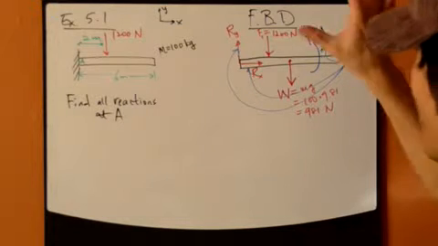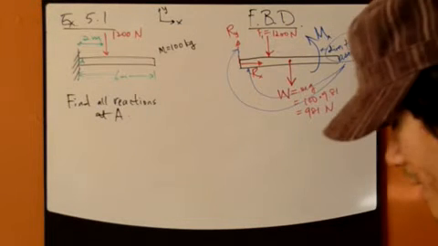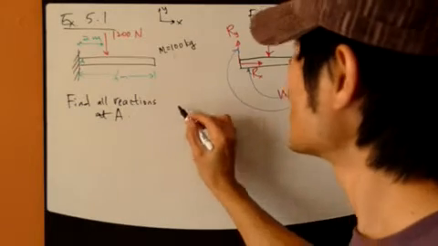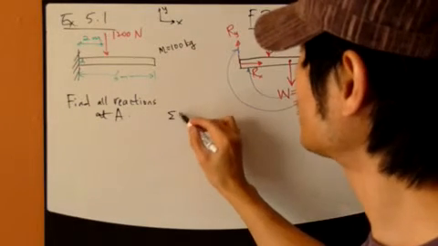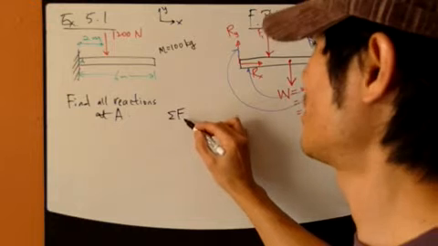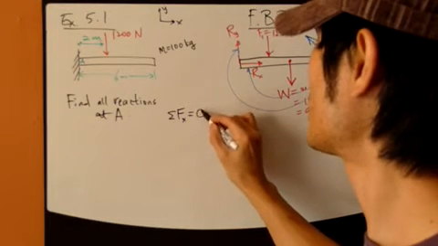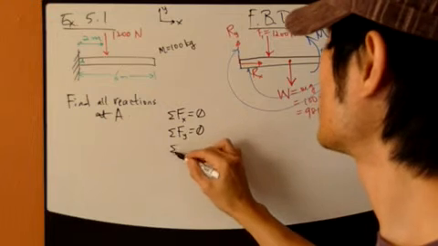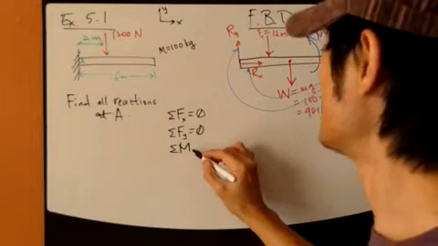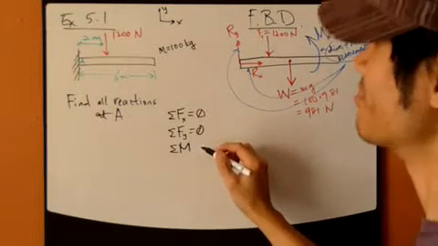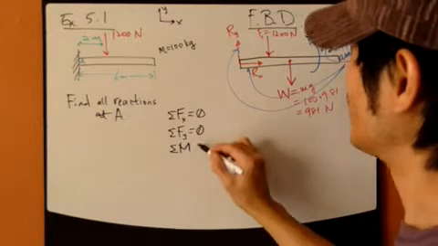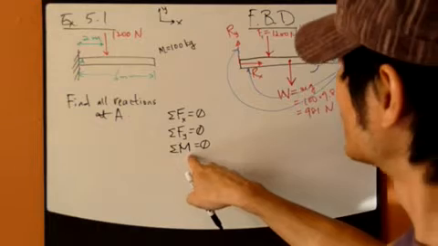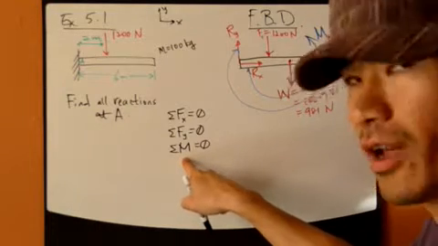Now with the free body diagram in place, just apply the equations. Since it's a 2D case, we have 3 equations: sum of forces in X, sum of forces in Y, and sum of all the moments about any point. Once again, it doesn't matter which point.